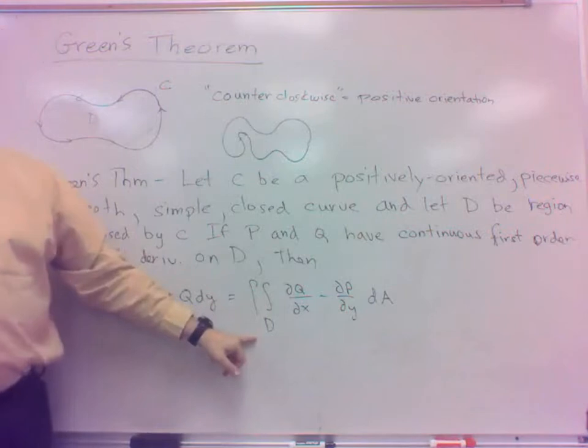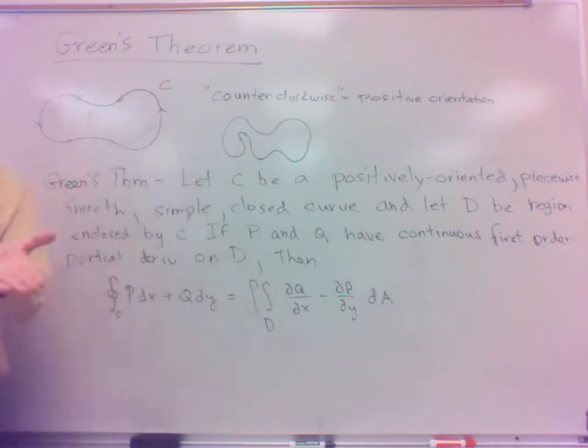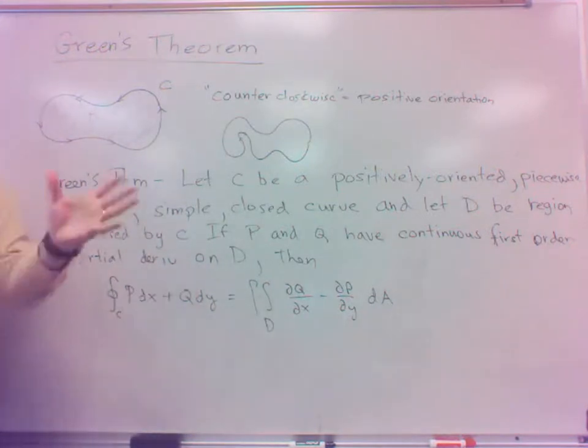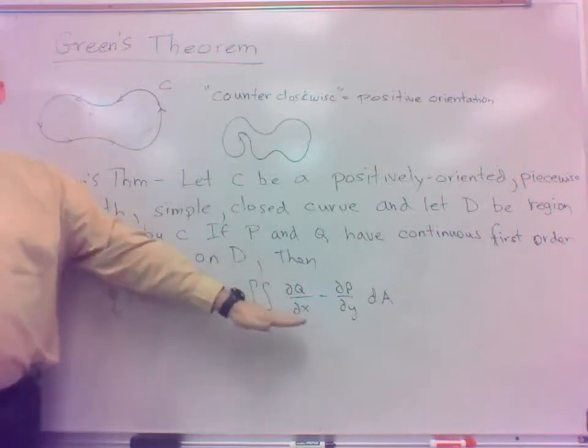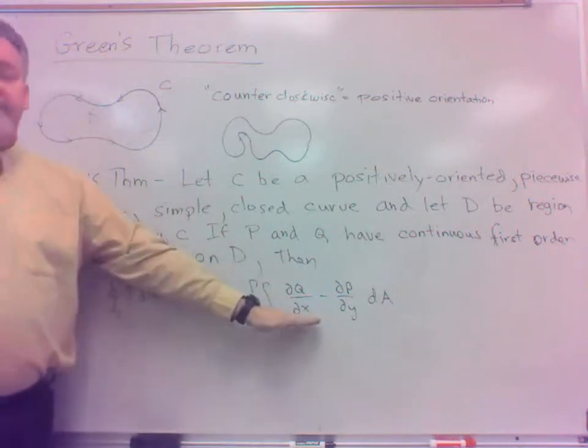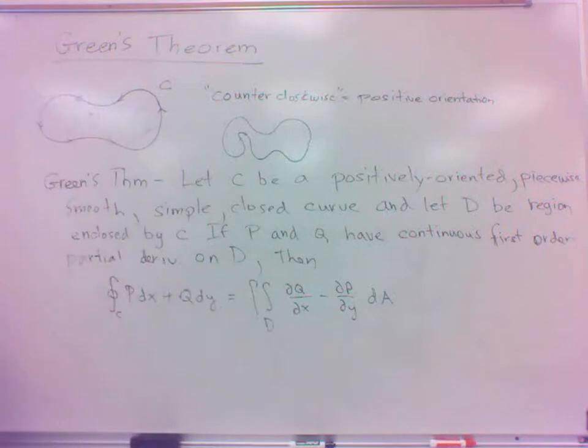It usually works out you don't have that case. You just have the double integral, so you integrate twice, and maybe you have to find each part too. But anyway, sometimes it's a lot easier to do the double integral than the line integral. So it's a pretty nice thing.